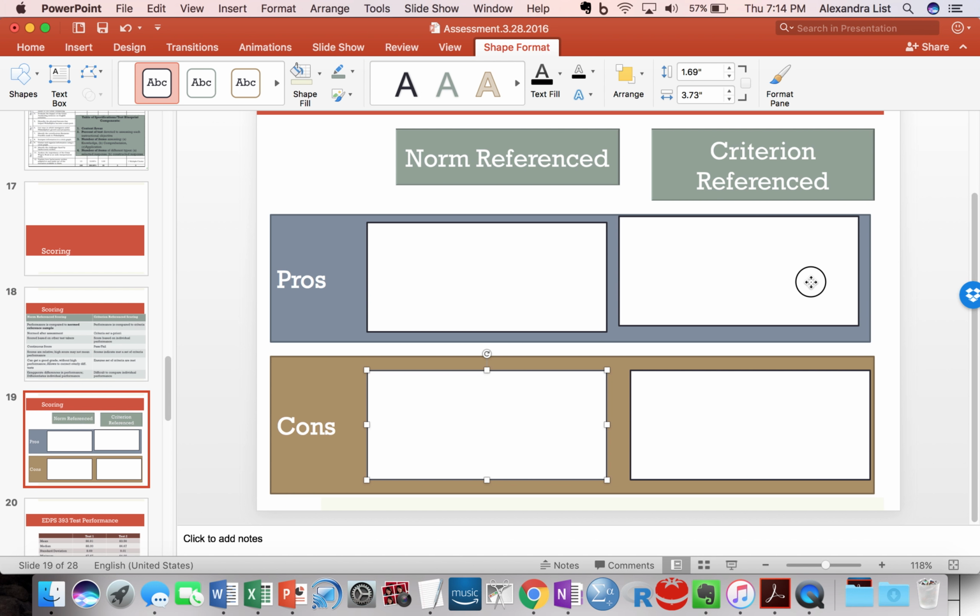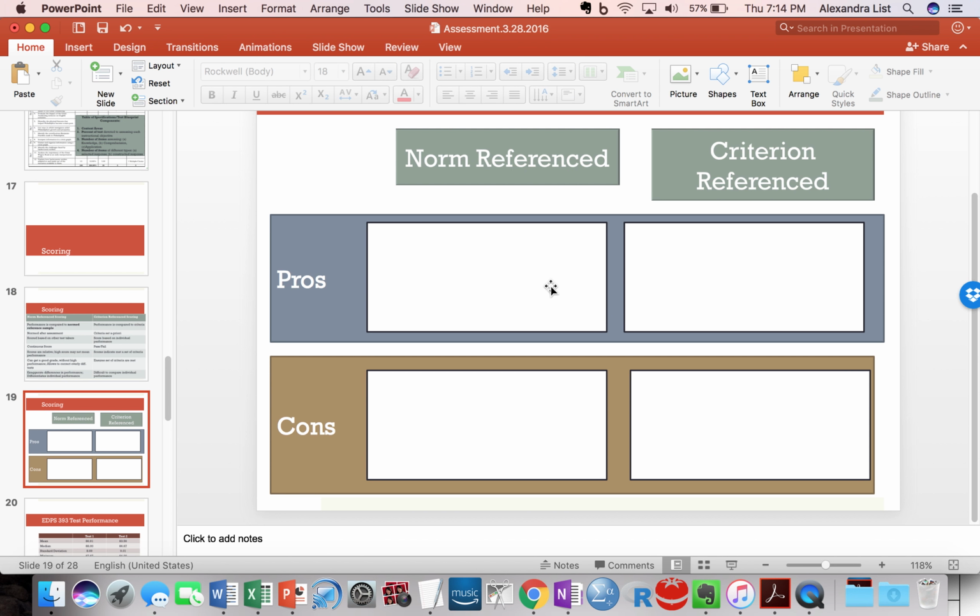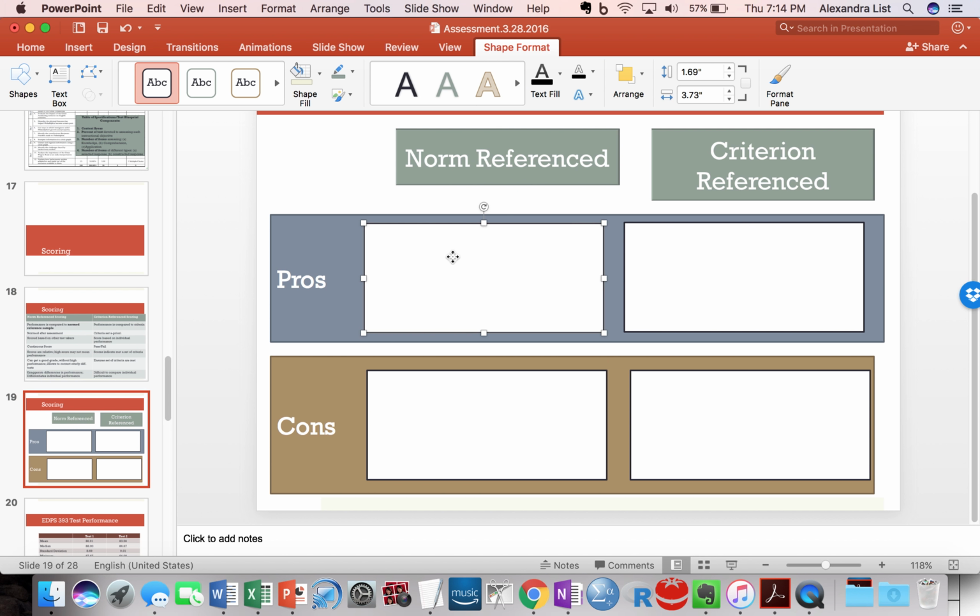Okay. And so the similarities and differences that we're going to be talking about really flow from the definitions of what these scoring approaches are. And so with norm reference scoring, the benefit is that it gives you comparative information on individuals' performance.